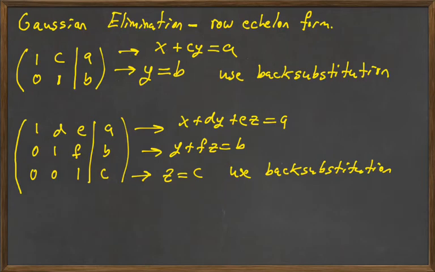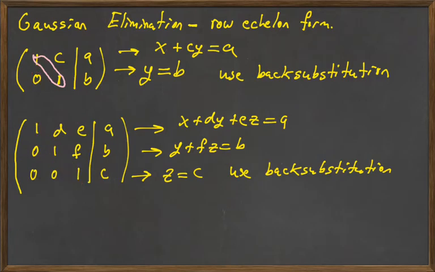What row echelon form is, is a main diagonal of 1s, and then below that is going to be 0s. So here's your main diagonal of 1s, and then below that is all 0s.